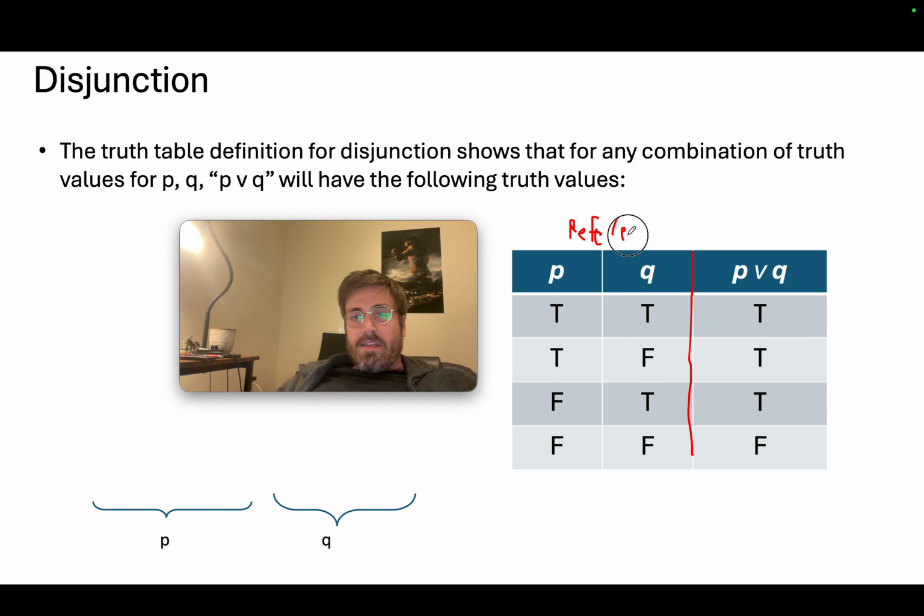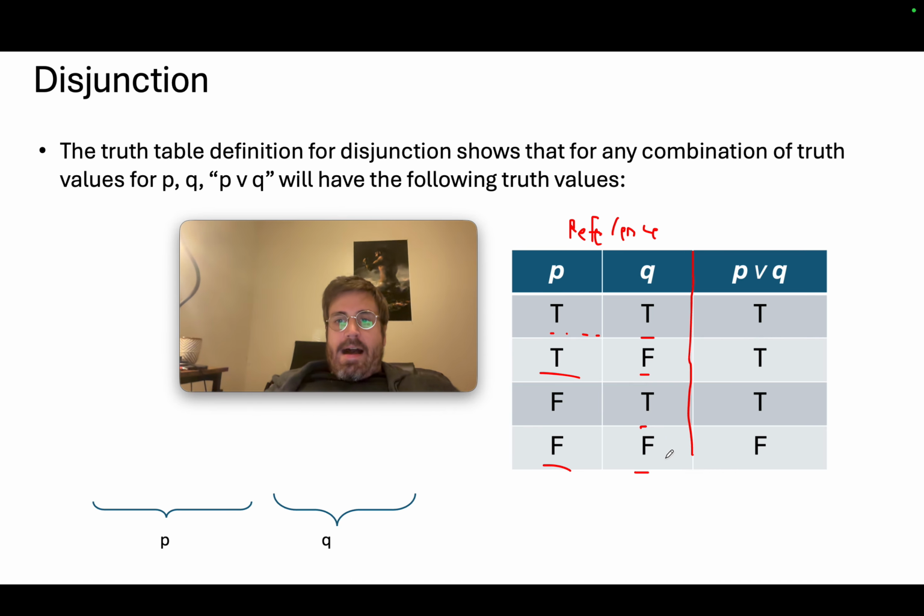We have P and Q, two variables. So we're going to have two values of true and two of false, and then we split that in half to have alternating values under Q: true, false, true, false.